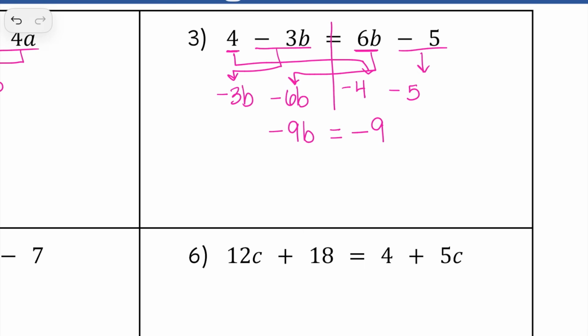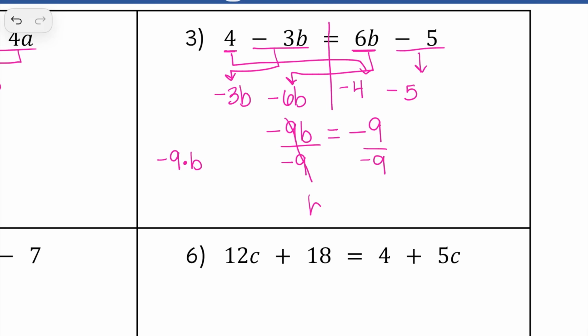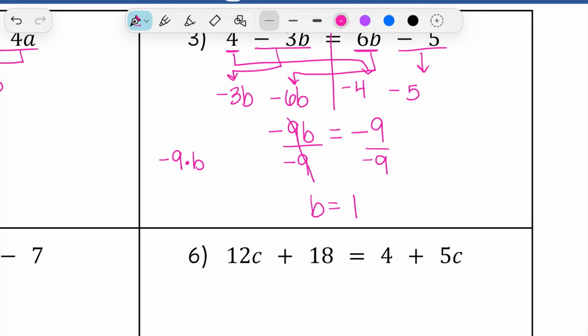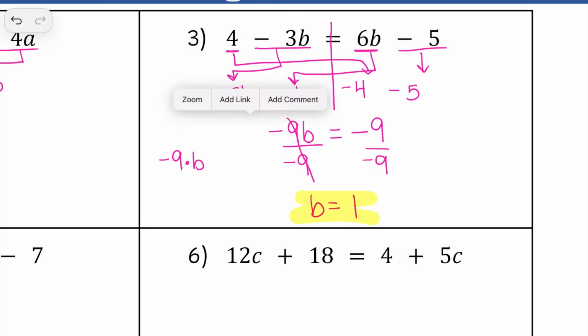Now you still don't have b alone. Negative 9b, remember, is the same as negative 9 times b. So we're going to use division. We're going to divide both sides by negative 9. That leaves me with b equals 1. And then we're going to just highlight that final answer. So my final answer here is that b is equal to 1.